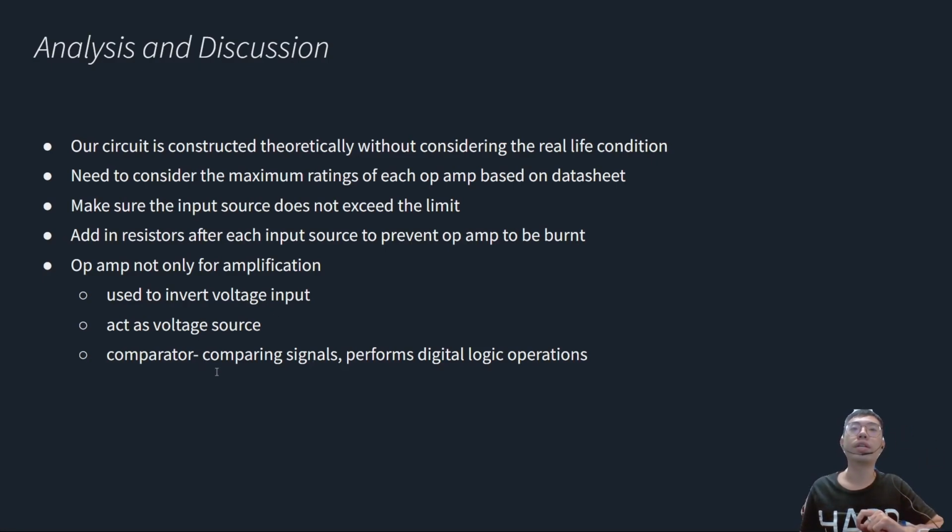Also, due to its high input impedance, it can act as another voltage source at some ideal stage. For example, a voltage buffer, also known as the voltage follower, has the characteristics of a voltage source to isolate the input signal from the output signal.